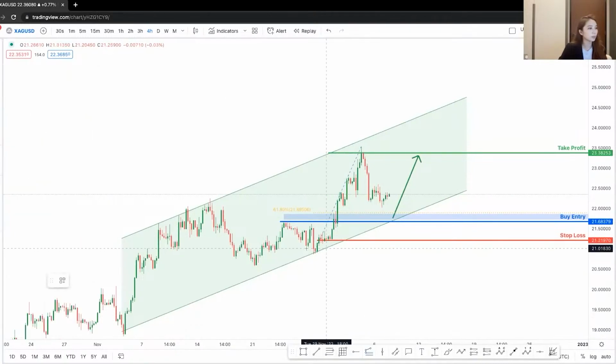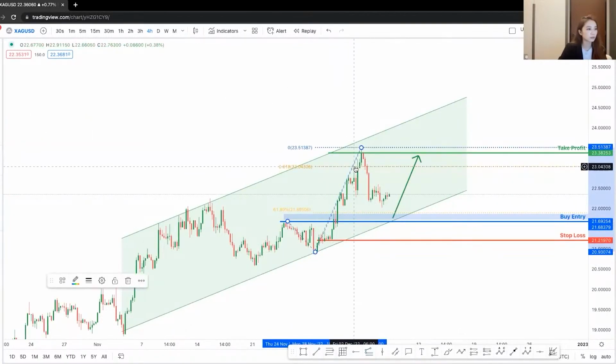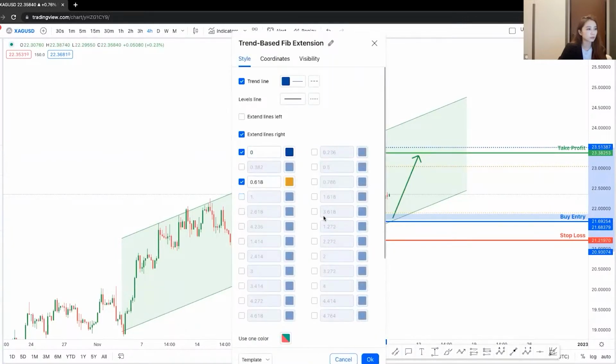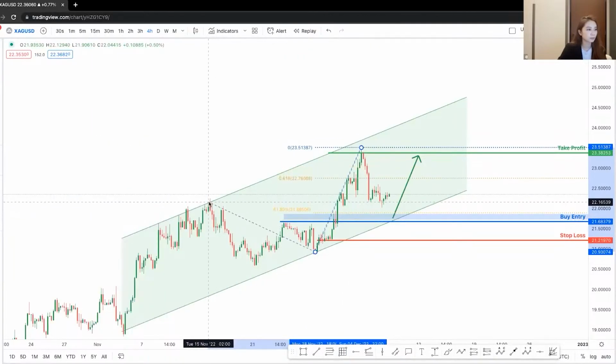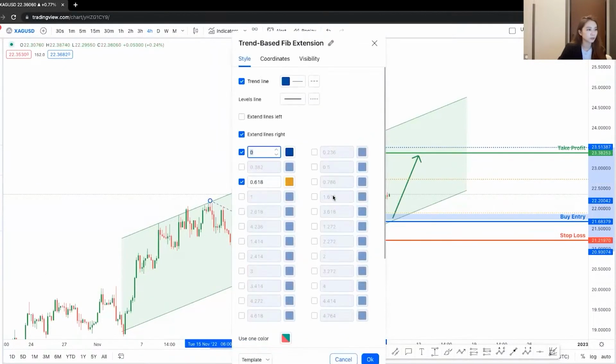Let's use our projection. Drawn wrongly.